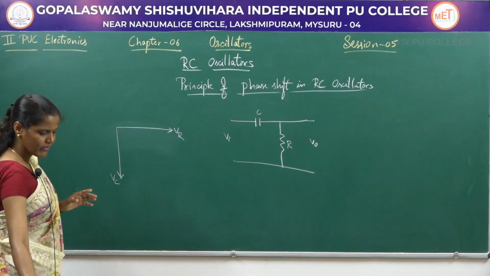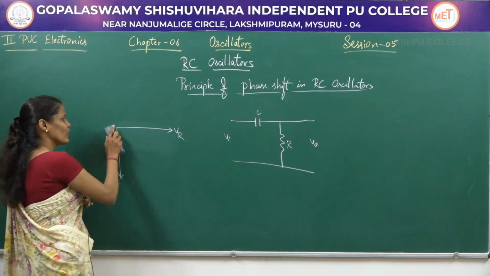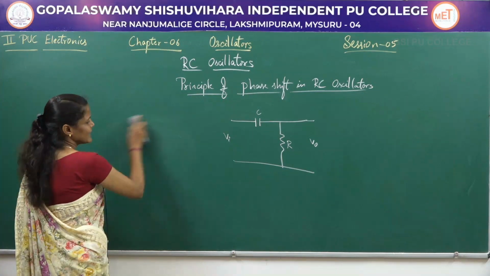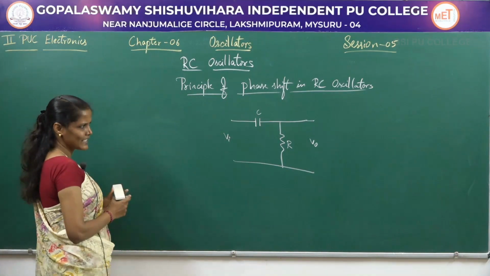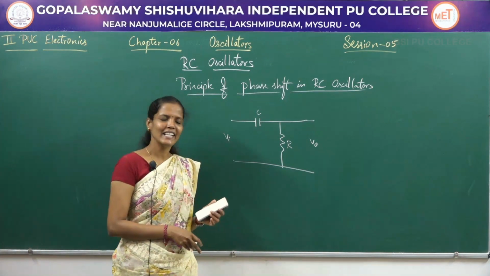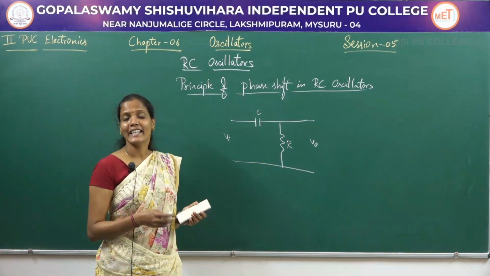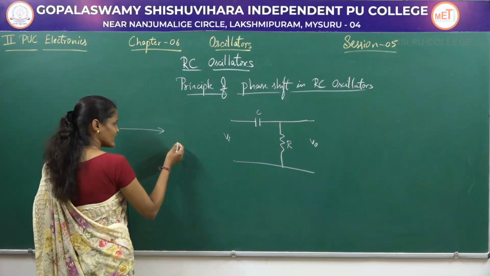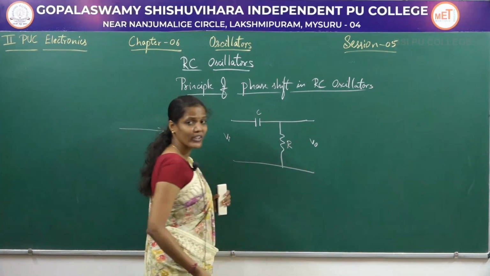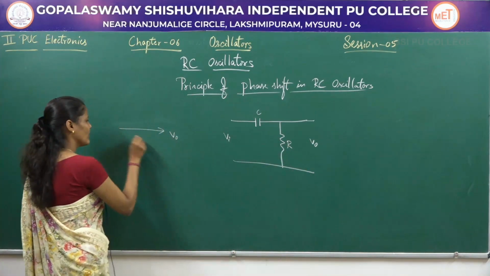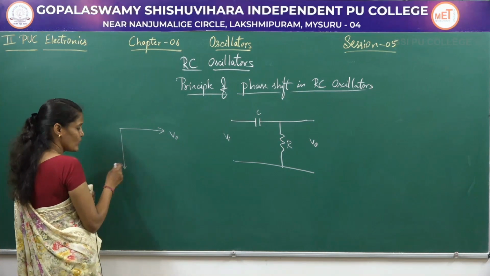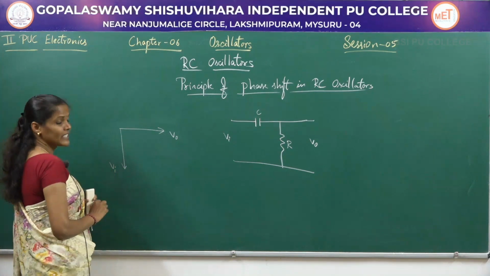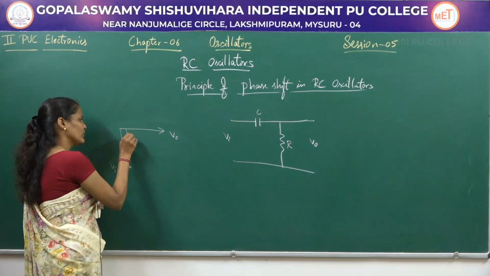So whenever we apply an AC voltage across the input, the voltage across the resistor will lead the applied signal at an angle of phi. That is, the voltage across the resistor is nothing but V0. So V0 will always lead the applied voltage Vin at an angle of phi.